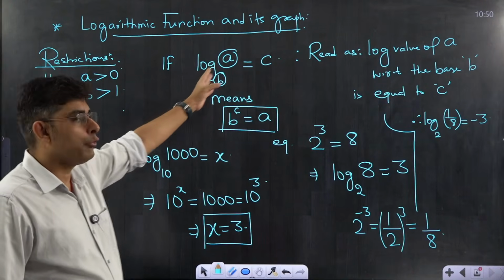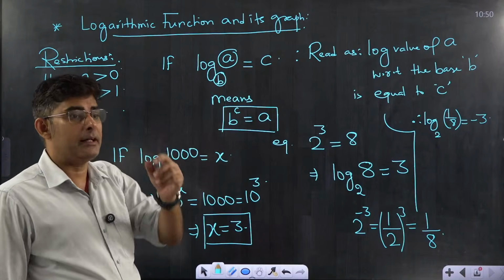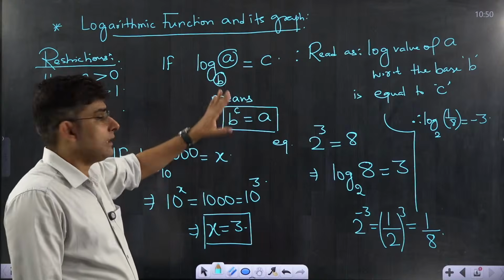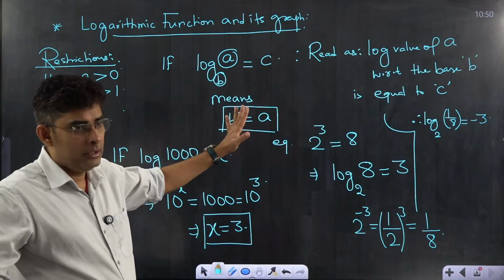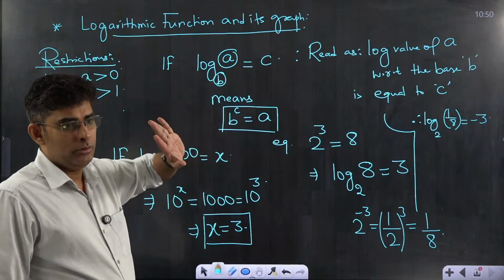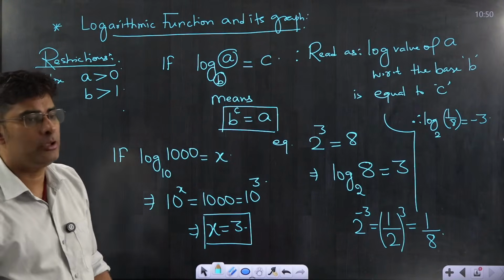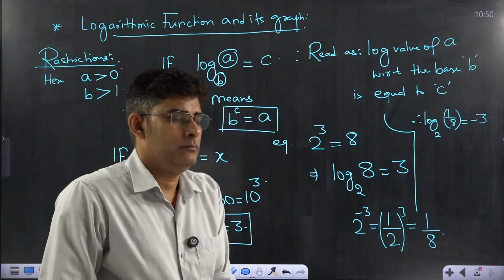So it is not true for all values. You can say that, sir, log 1 to the base 1 is 1. But log is something which should be generalized. It is not correct for any other value. So that's why we select base b which is greater than 1. We don't take less than 1. Is it clear?